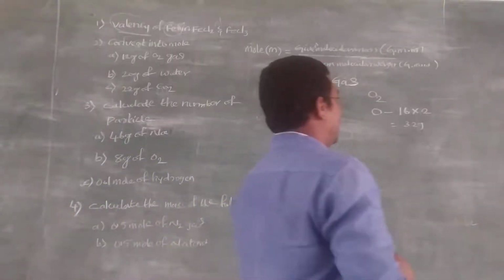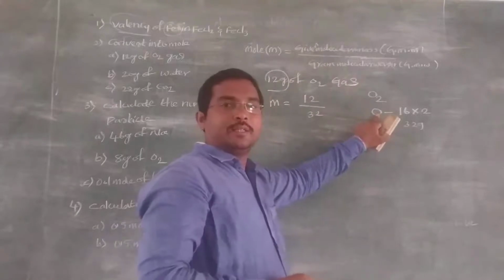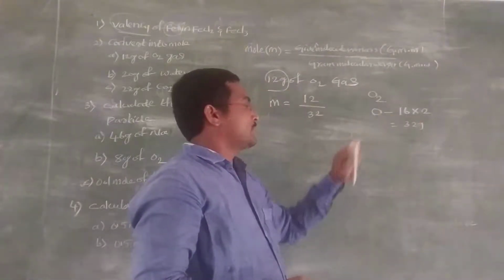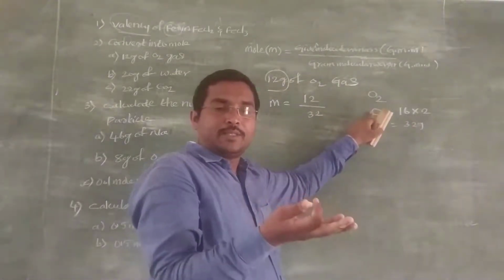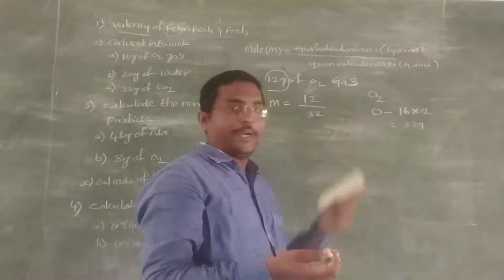Oxygen atomic number is 8 and atomic mass is 16, into 2, 32.